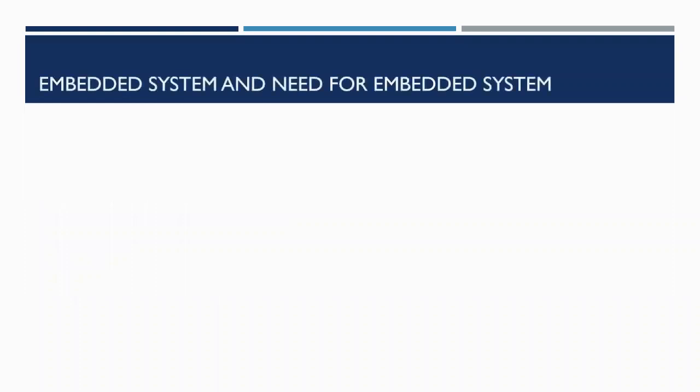So first thing, what is an embedded system? We have to understand. Embedded system is purely in the electronics field. Now imagine we have a manual task to do. Suppose I have a motor, and I want to turn on the motor for one application, such as to pump the water.